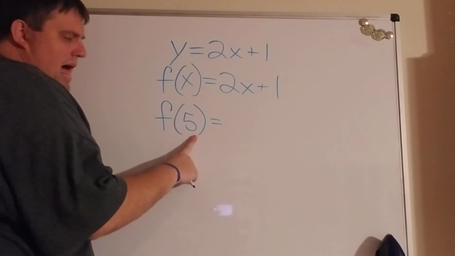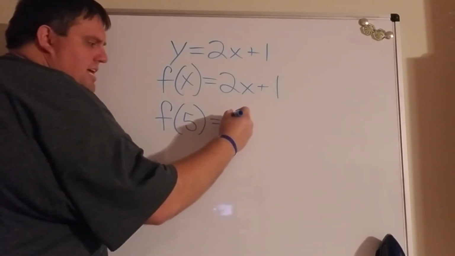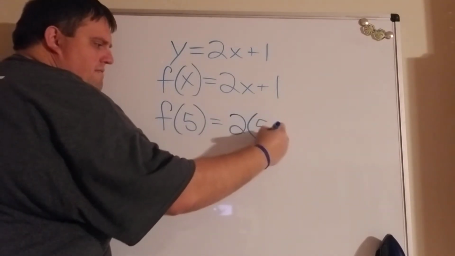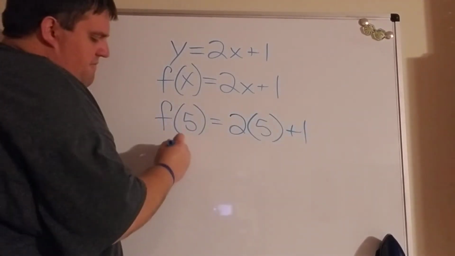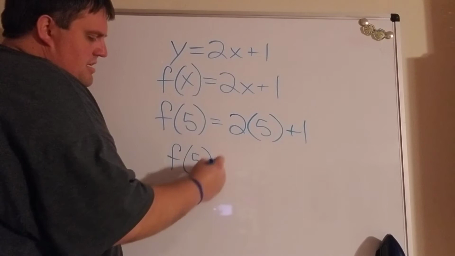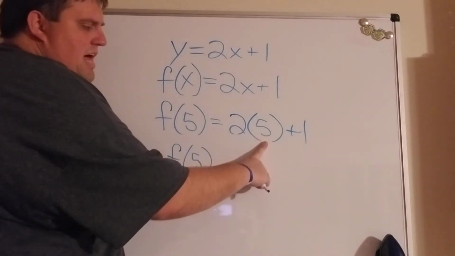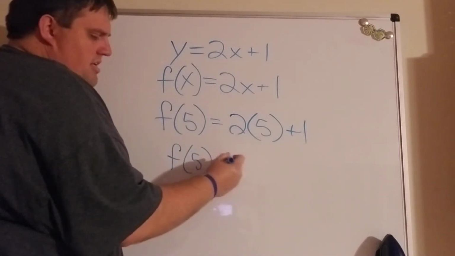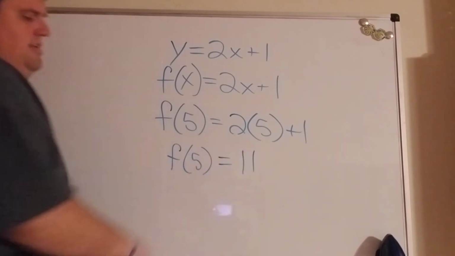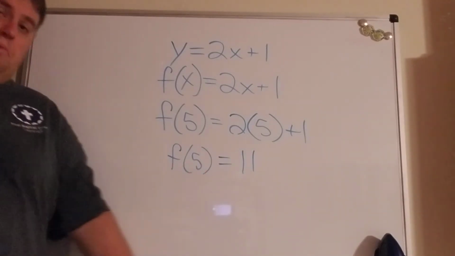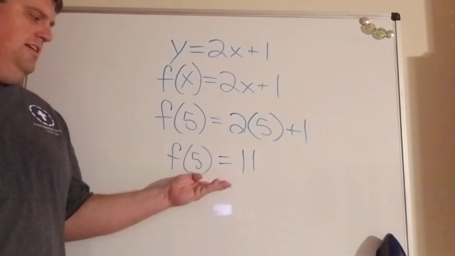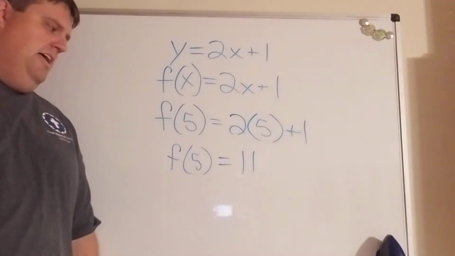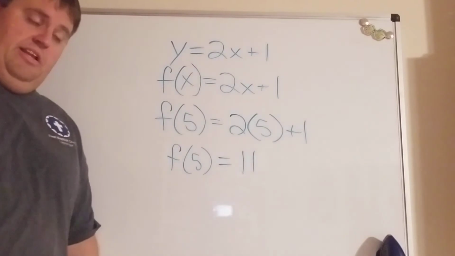So if I'm talking about f of 5, I'm going to take the x and plug in 5 right there. So f of 5, 2 times 5 is 10, plus 1 is 11. That's how I'm going to find f of 5. I plug in 5 where I saw x, and I get f of 5 equals 11.